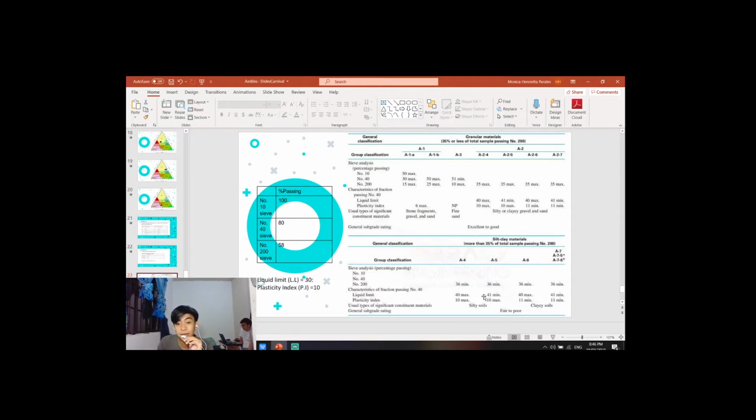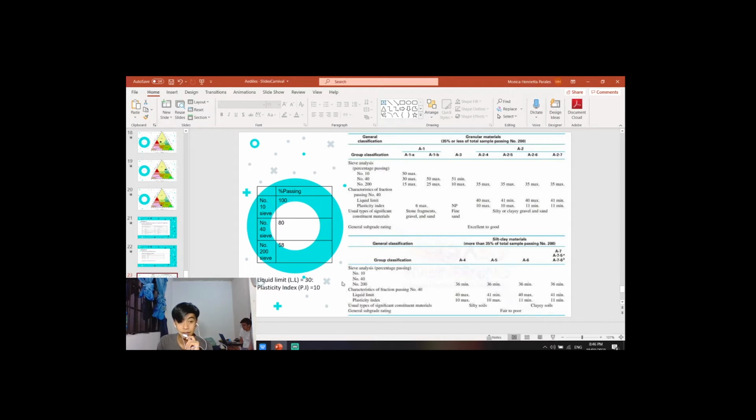Dito, medyo magkakabawas na tayo. 40 max, 41 minimum, 40 max, and 41 minimum. So, yung liquid limit natin, guys, sa given is 30 lang. So, hindi siya pwede sa 41 minimum, pero pasok siya sa 40 max. So, tanggal na tong A-7 natin and A-5. Nandito na lang tayo ngayon sa A-4 and A-6.